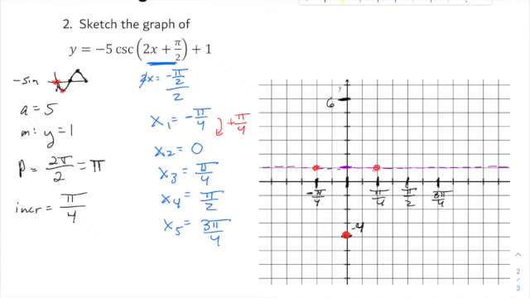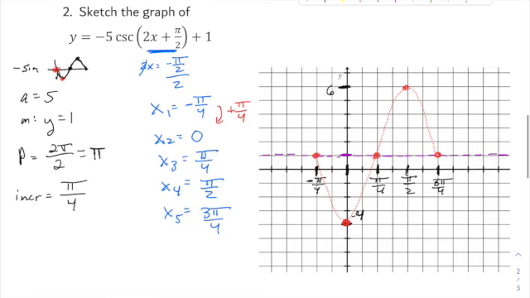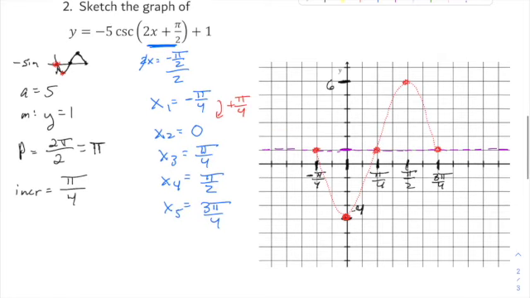At pi over 2, you're going to be at a height of 6, right? The maximum there. And at 3 pi over 4, back on the midline. And there's your complete negative sine cycle. Right, so I sketched it with that faint dotted line, which I'm going to erase, or you can leave, but at least it's not too dark right now.